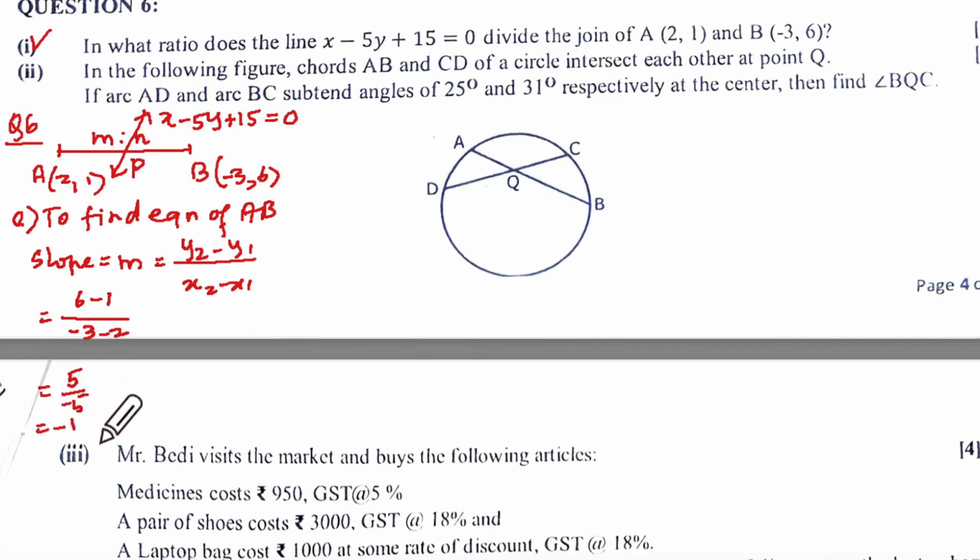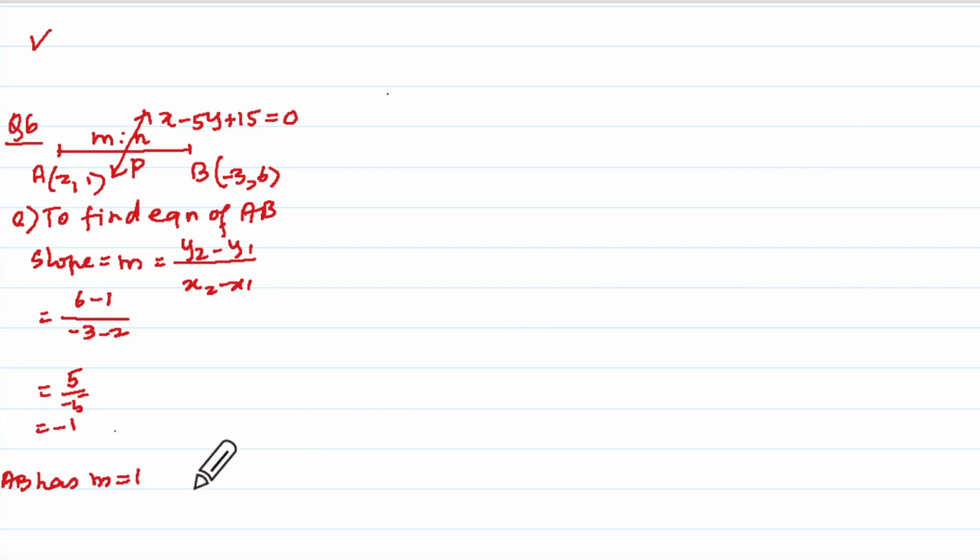So AB has m equal to minus 1, and passes through A, which is (2, 1).